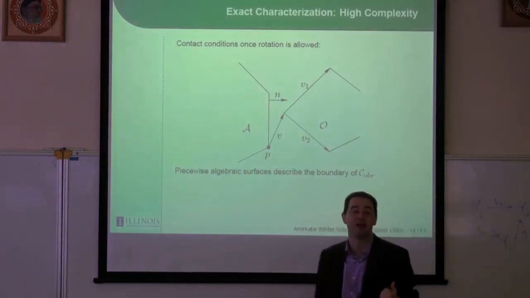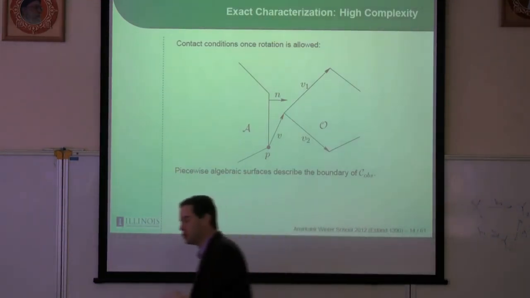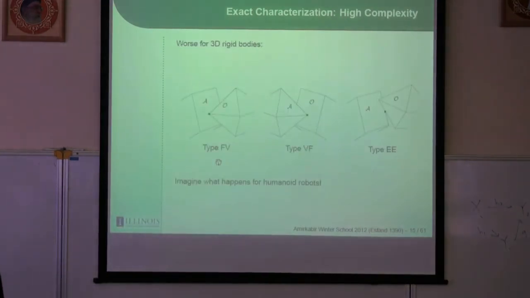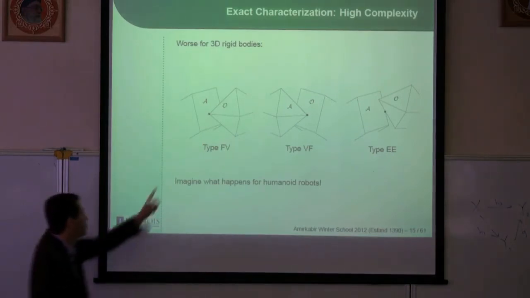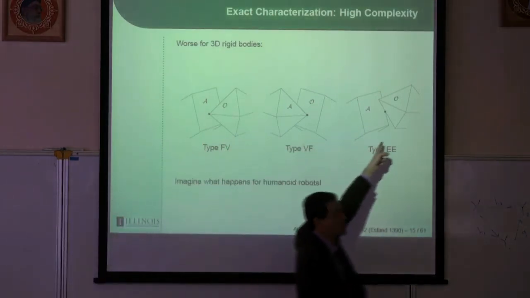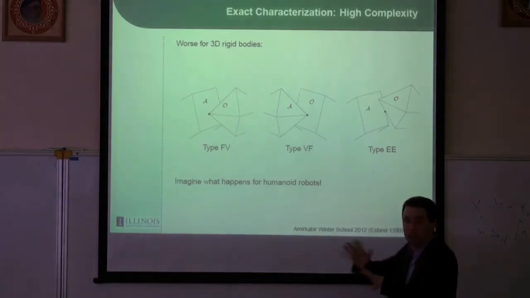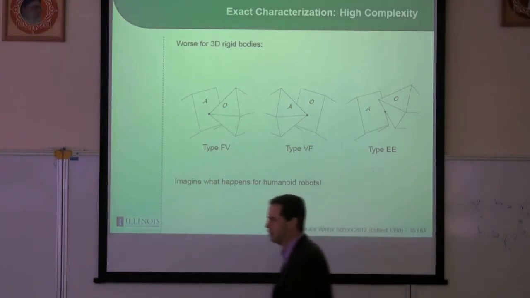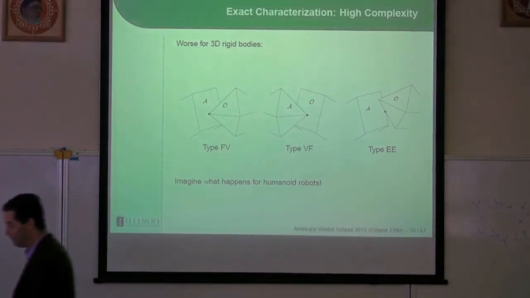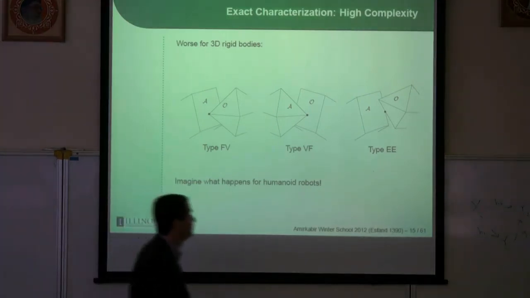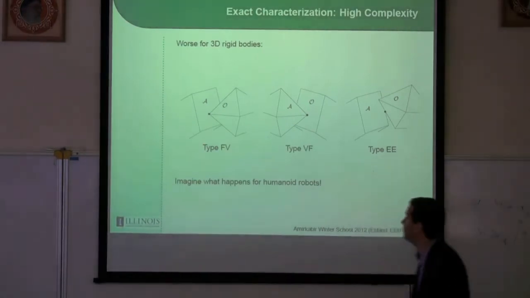These are implicit polynomials. So before too long, when you go down this path, and let's say we can get even crazier, we can look at the 3-dimensional version of this, where we have vertices touching faces and edges touching edges. This will make very high-dimensional surfaces, right? I think I get 5-dimensional surfaces here that are the boundary of the configuration space obstacle. So that gets pretty bad.